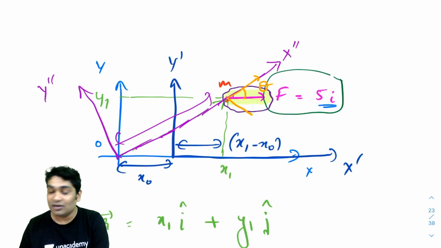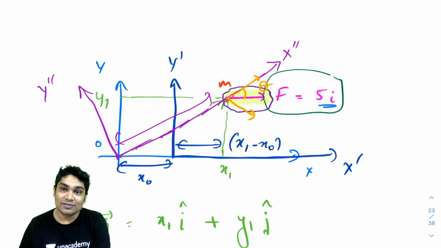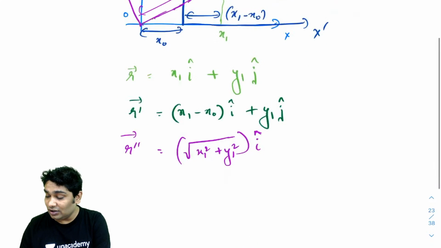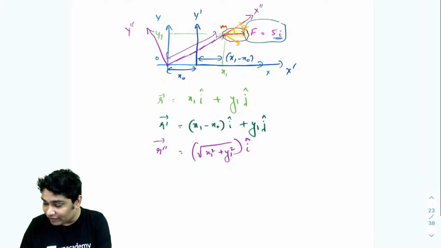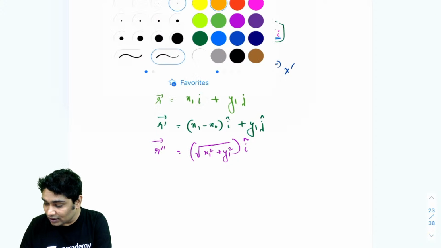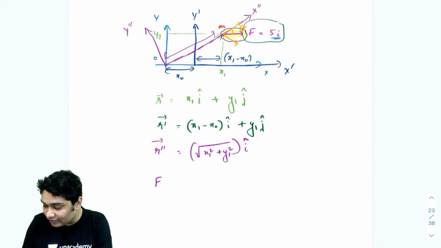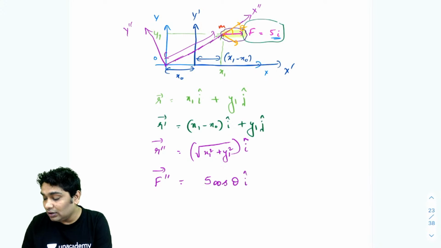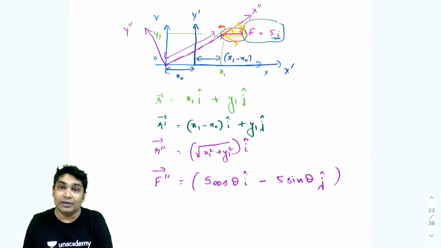The force vector would have two components. Agreed. So now what is F double dash? In the reference frame of double dash, F double dash would be represented as 5 cos theta i cap and minus 5 sin theta j cap, as opposed to 5 i cap initially.